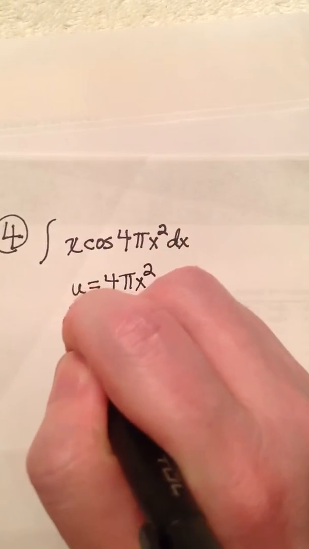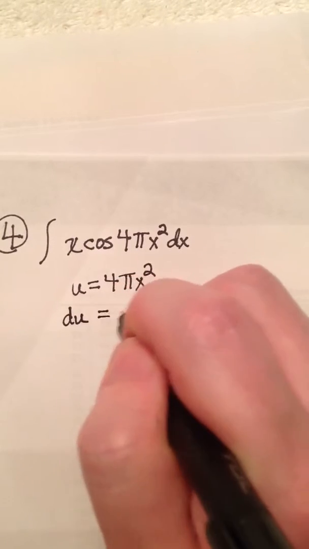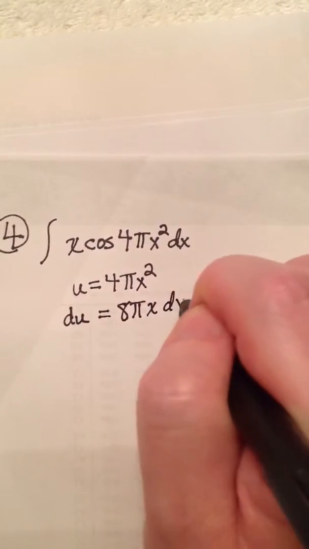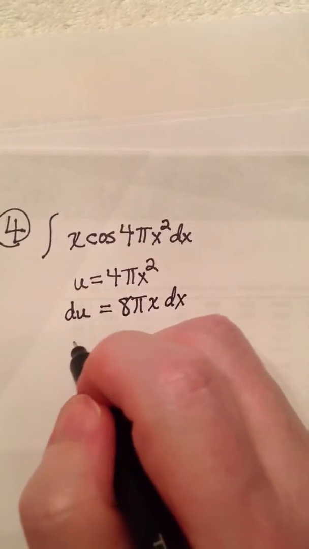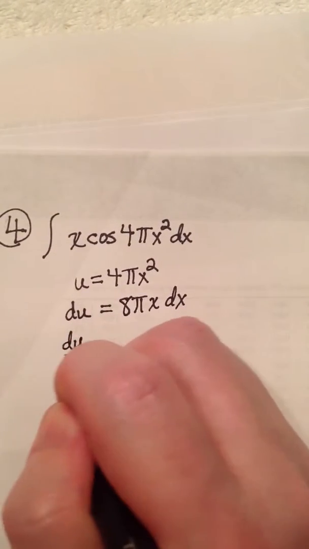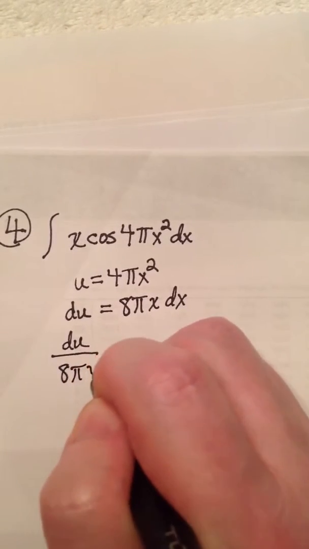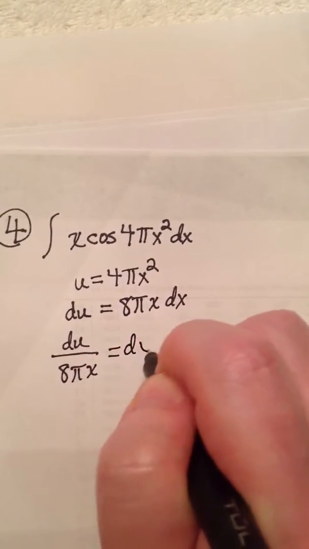and taking the differential of both sides, we have that du is equal to 8 pi x dx. And rewriting dx in terms of du, we have du over 8 pi x is equal to dx.